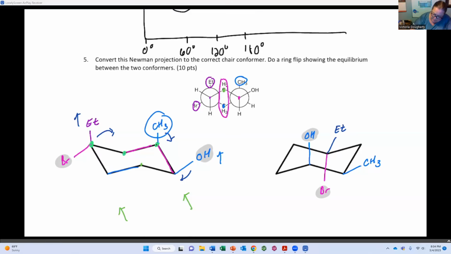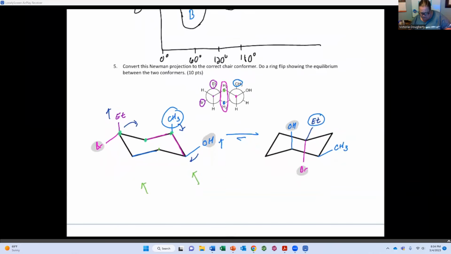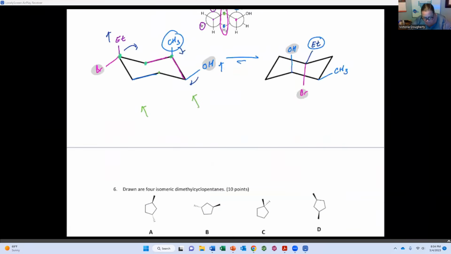Okay, and so the equilibrium is going to favor my ethyl in equatorial. So you draw your equilibrium arrows like that. Okay. If you don't draw the right chair, you can't get partial credit for equilibrium. Sorry, it's just the way it is. Alrighty, moving on.